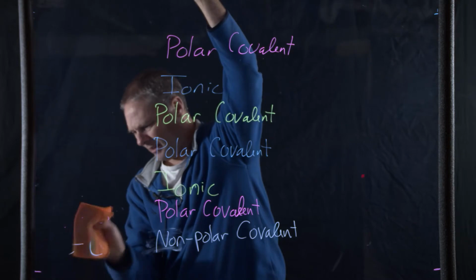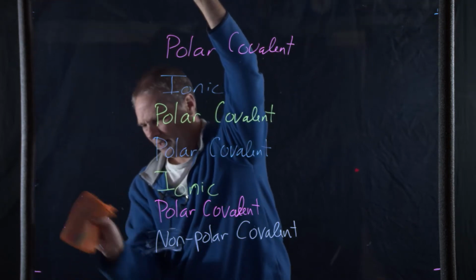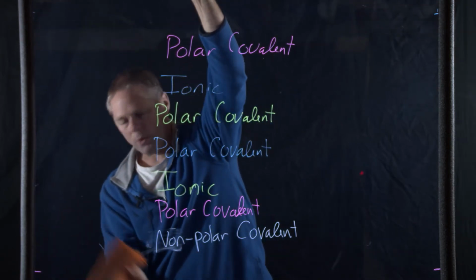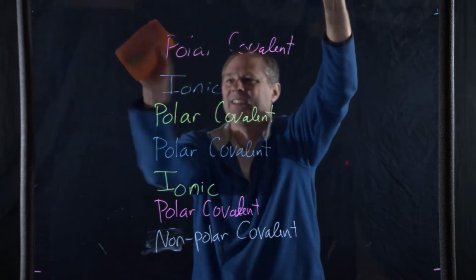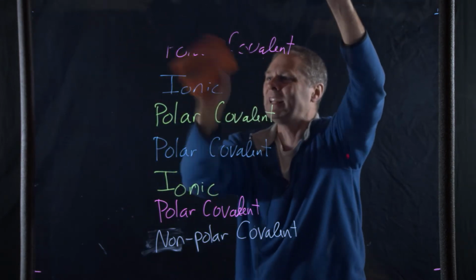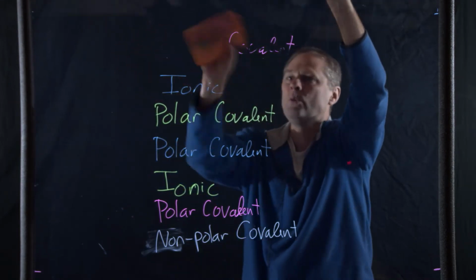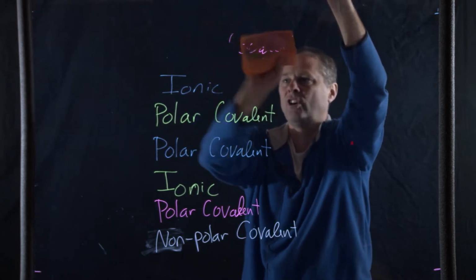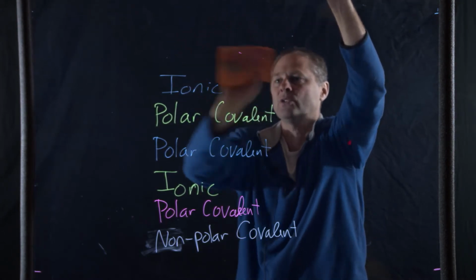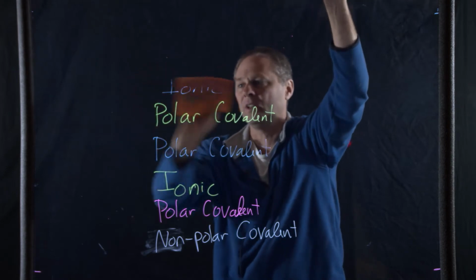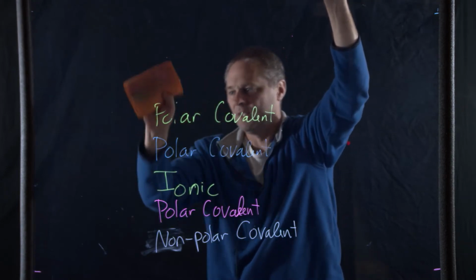I typically think of it as an atomic tug of war. One of the atoms in the bond really wants that pair of electrons. It's just a lot stronger and larger and bigger, and so it's going to pull that bonding pair of electrons more towards itself.